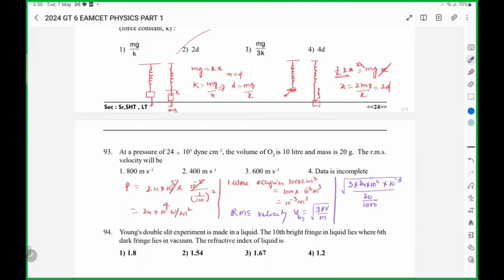So you get here 72 by 2, 36. 2 twice 36. So 10 cube, 10 power minus 3.